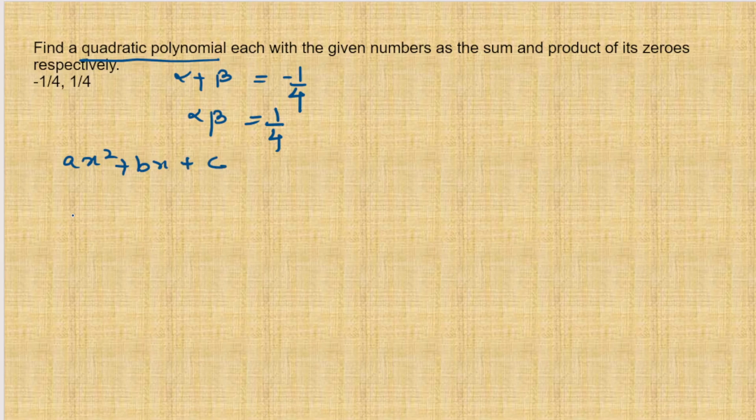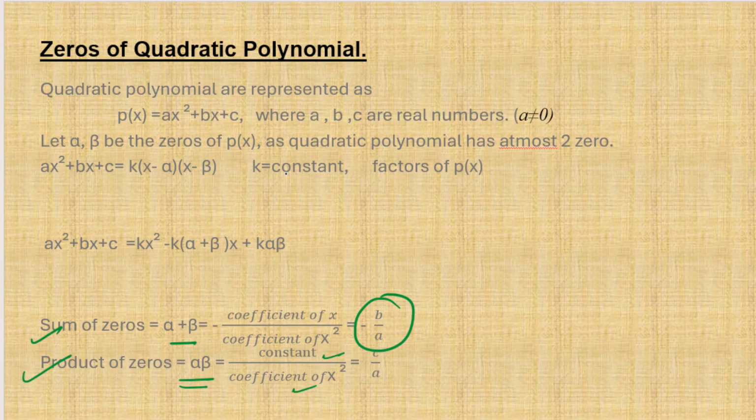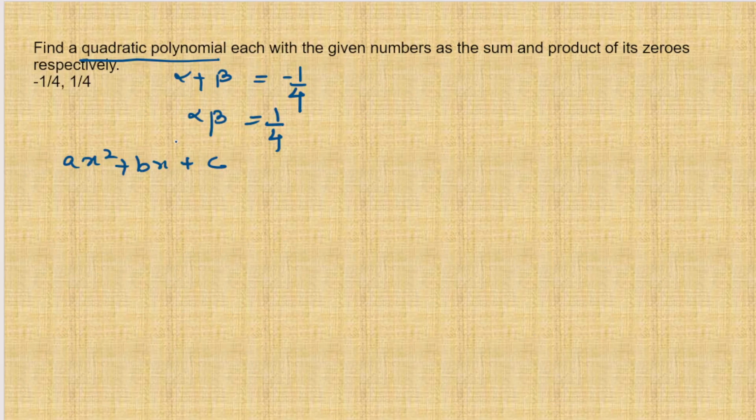Okay. So how can we write our quadratic polynomial in the form of its zeros? We can write it like this: k x square minus k times alpha plus beta x plus k alpha beta. So we write it in the form k times x square minus alpha plus beta x plus alpha beta.